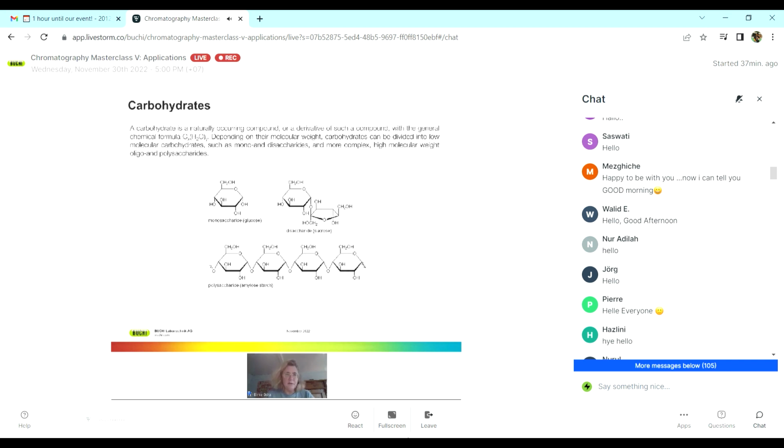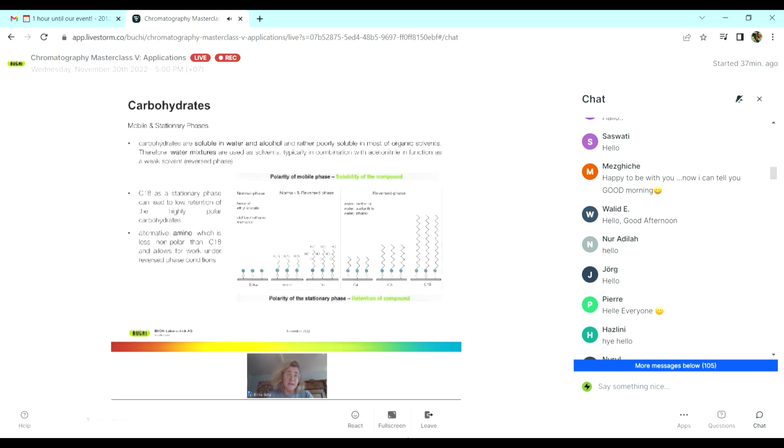Now, if we look at typical mobile and stationary phases, carbohydrates are soluble in water and alcohol. They are rather poorly soluble in most organic solvents, so you work with water mixtures and combine them with acetonitrile, for example, which works as the weak solvent.